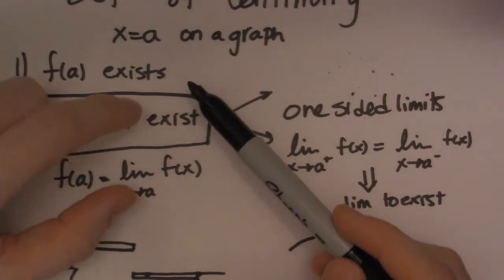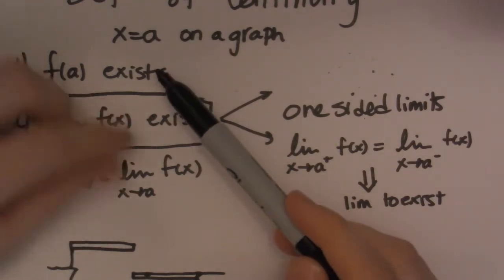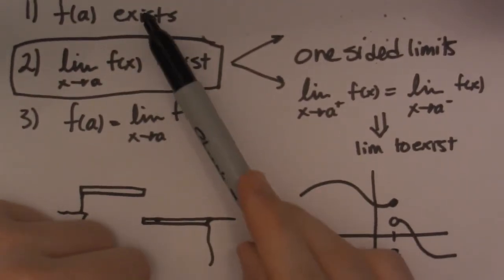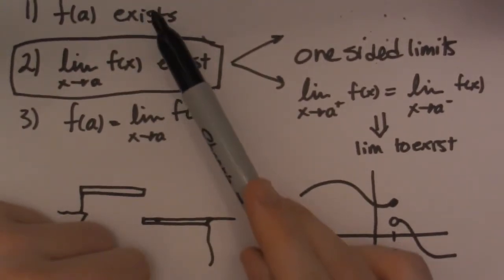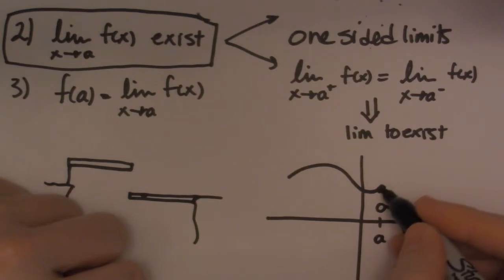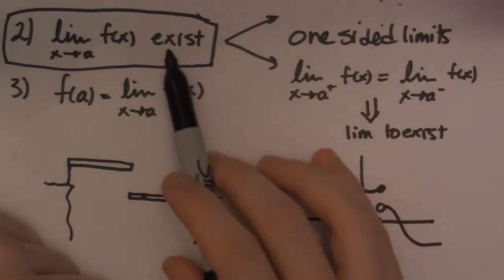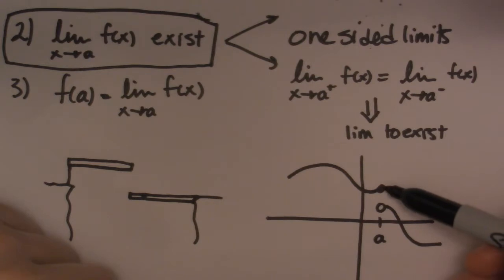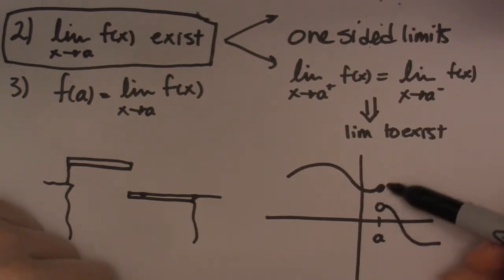If the limit exists but there is a discontinuity, it's going to fail with number 1. I'll give you an example of that in a second. But if number 1 works, so the point exists, like this graph actually exists at this point, whatever this value is here on the y-axis, you can see it shaded in, then you need to check number 2. We'd have to examine both one-sided limits, and then we'd see they're not the same, and this is what the graph would actually look like.